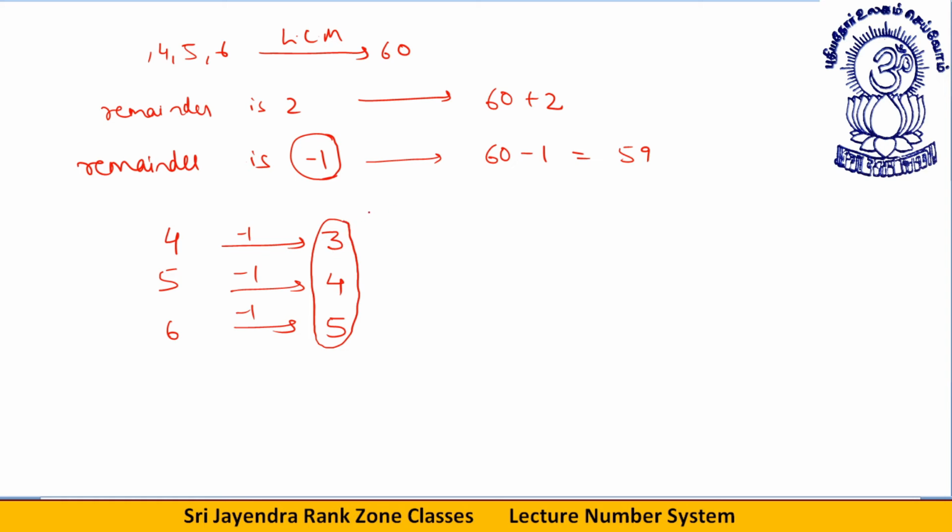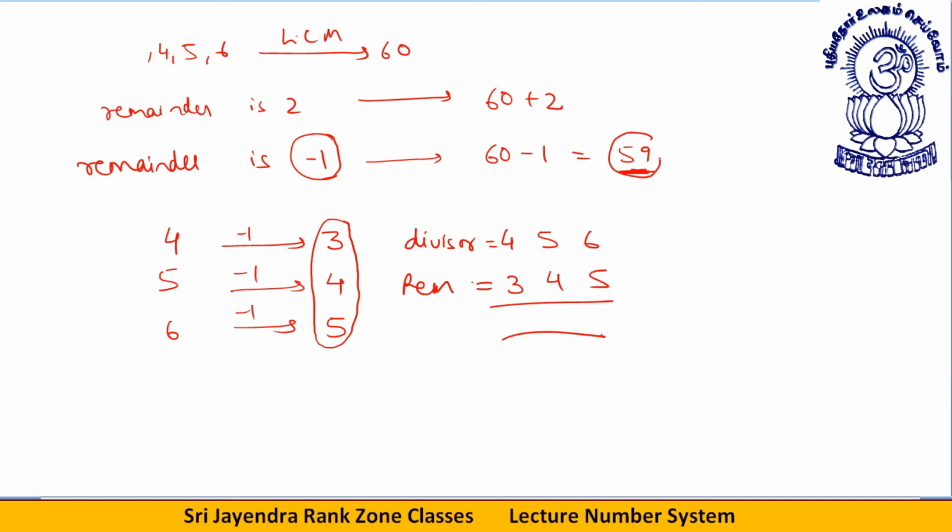So you can say a number 59. Find a number which when divided by 4, 5, and 6 leaves a remainder of 3, 4, 5. Okay, 4, 5, 6 are the divisors and 3, 4, 5 are the remainders.